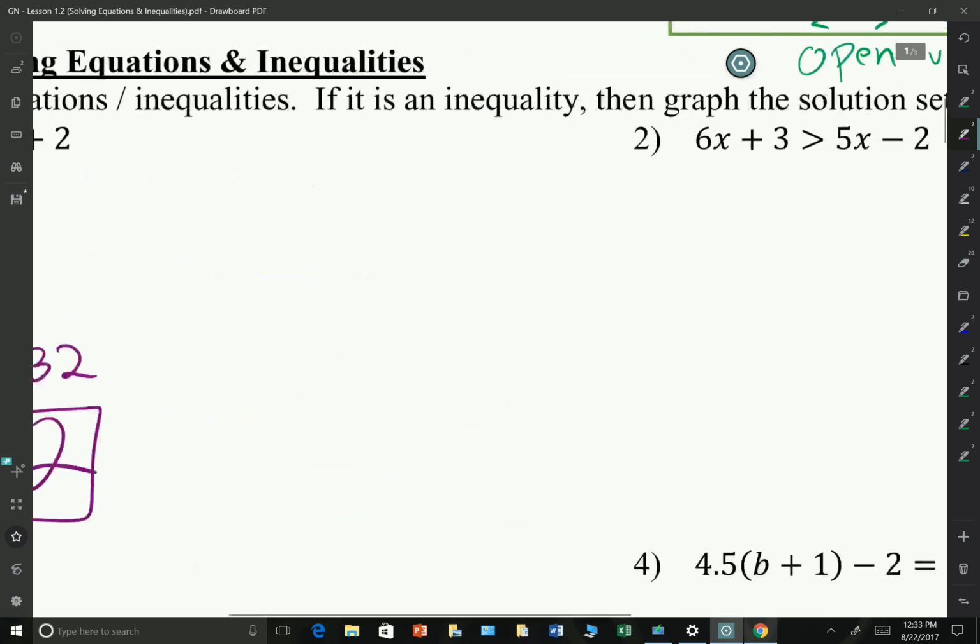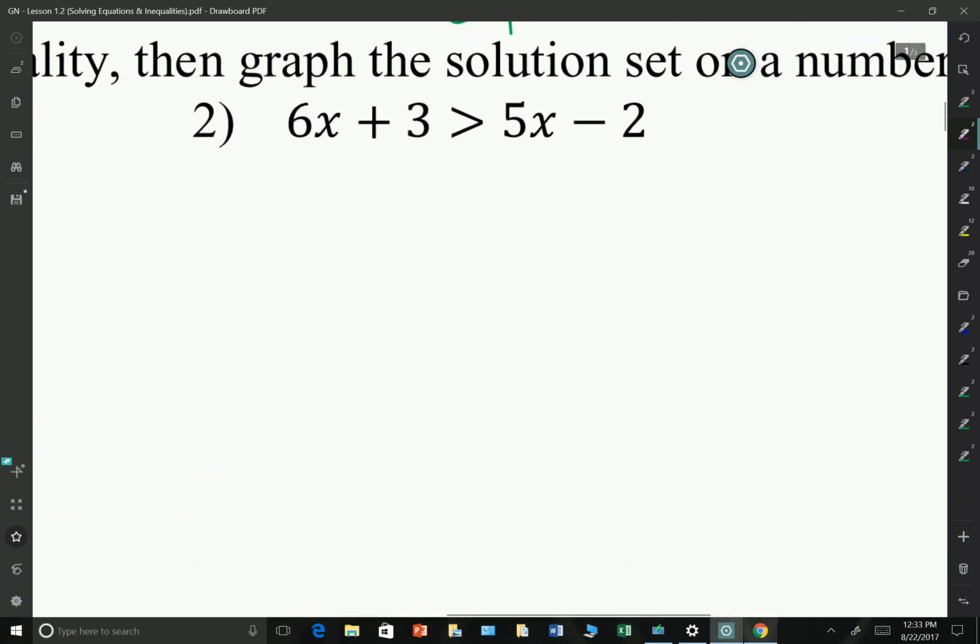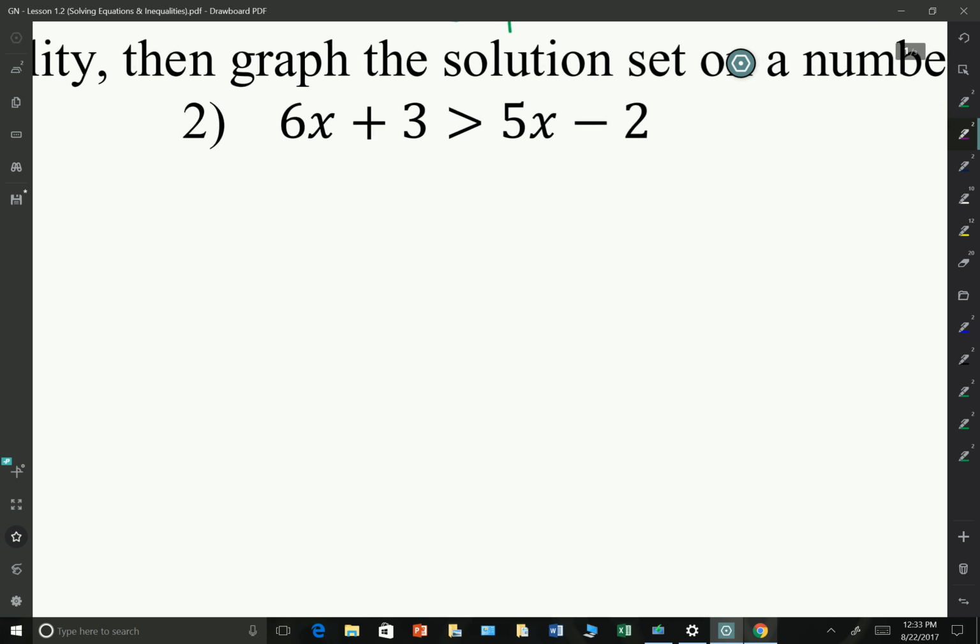Then we look at the inequality on number 2. So since it's an inequality, you have to keep in mind I'm going to graph. I have to keep in mind open circle or closed circle, and I have to keep in mind, do I flip at some point? So what's the first step here I should do?